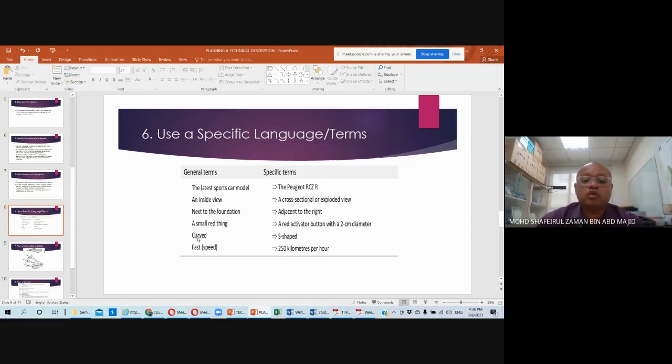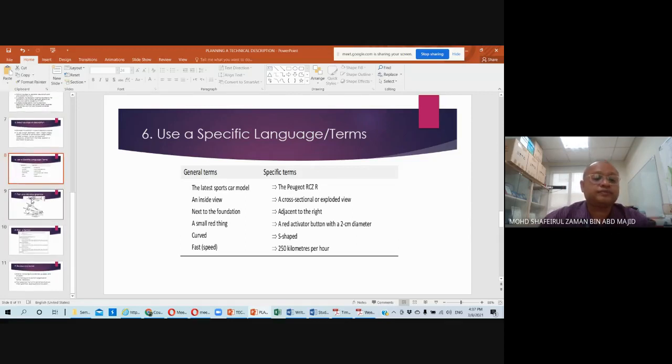As I have mentioned, when you're describing the latest sports car, instead of saying it in general terms, you can be very specific. If it is a fast car, you can say it is drivable up to 250 kilometers per hour. That is an example of how you can present using specific language.